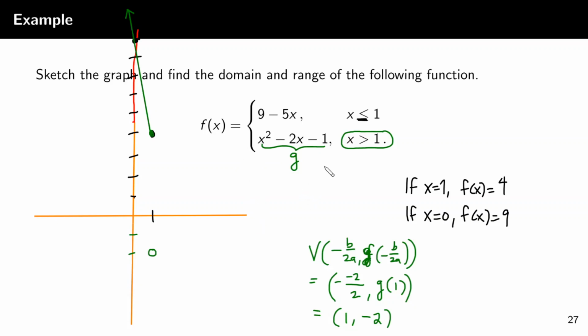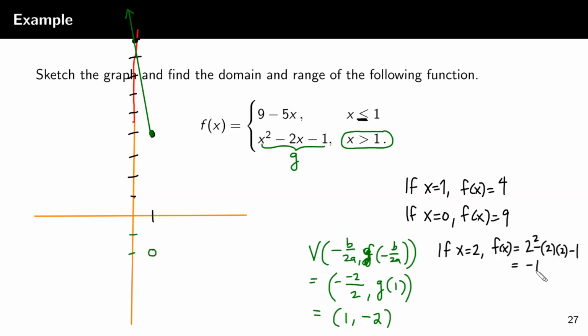So we just need one more point. Let's say x equals 2. If x equals 2, f of x is equal to 2 squared minus 2 times 2 minus 1. So that's 4 minus 4 minus 1.